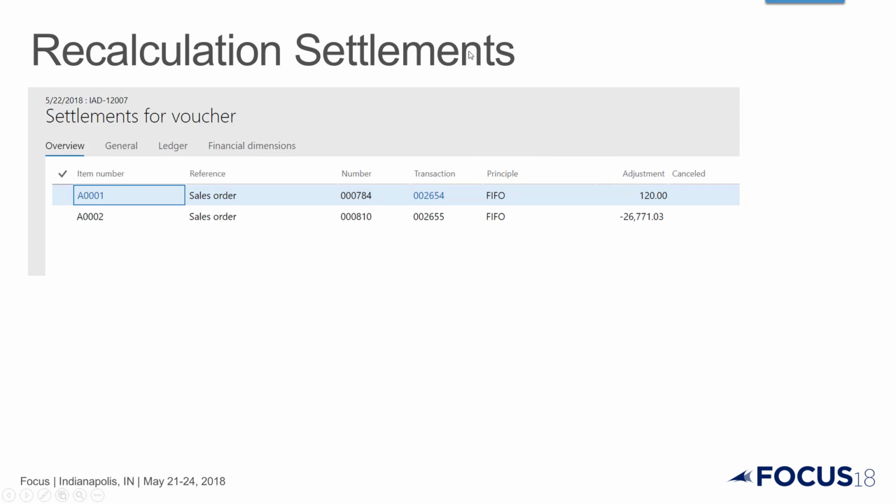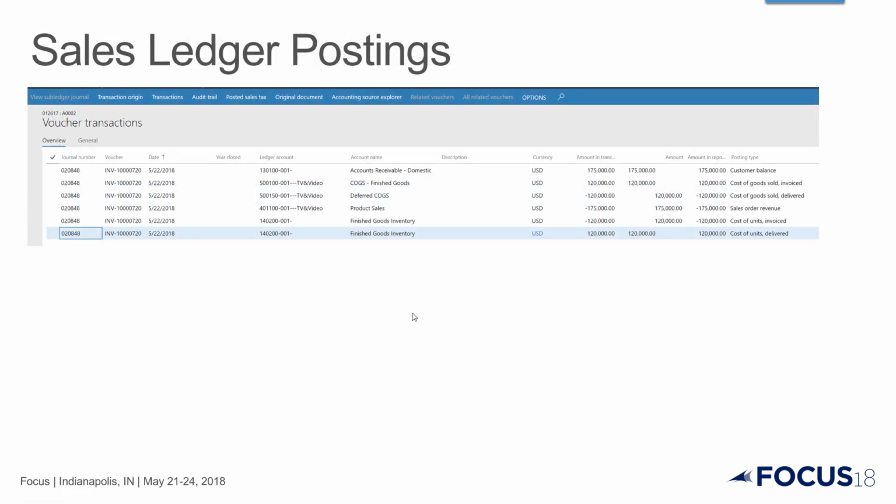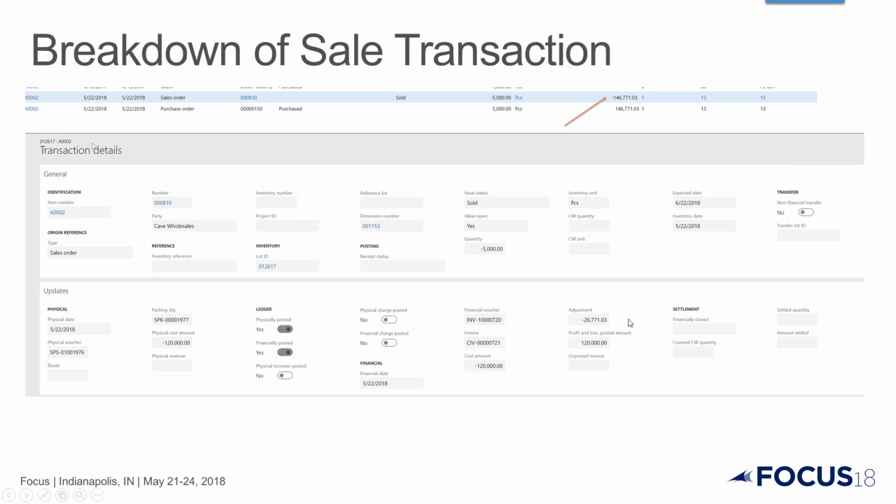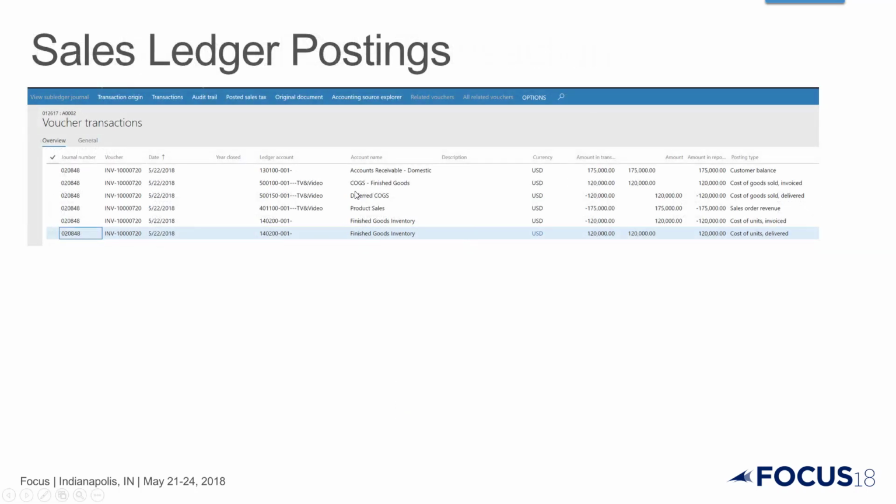When I do a recalculation setup, and let me go back a couple, because the timing is a little off. This is showing this adjustment being done. What I'm trying to show you here is your original financial postings. This is before the adjustment, because it's not going to be in this. It's going to be in a settlement. But you can see it will adjust the transaction, but the posting occurs at a different point.